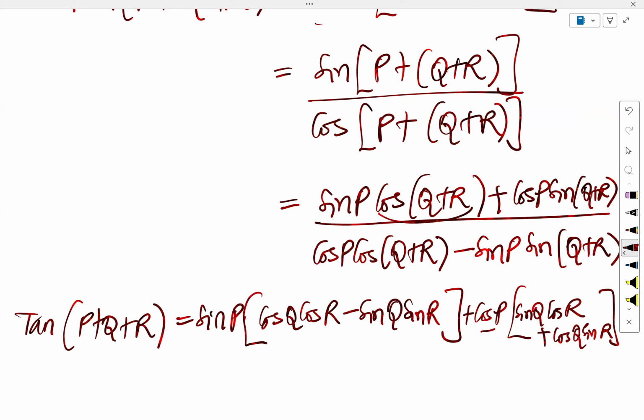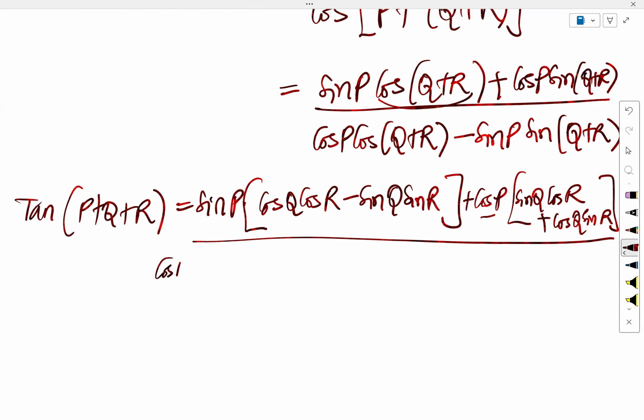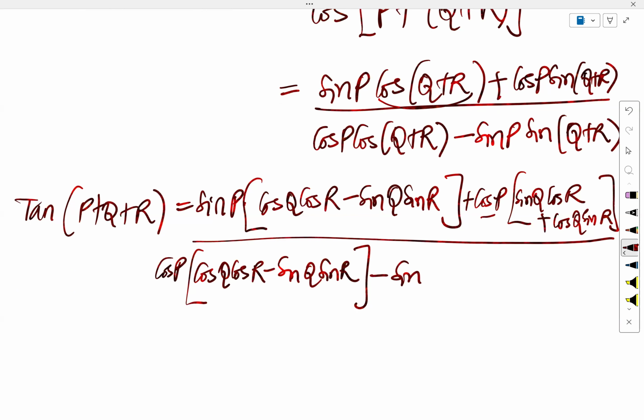For the denominator now, we can have cos P down here into cos(Q+R), which again is cos Q cos R minus sine Q sine R. So that goes for this. And then down here you have minus sine P into sine(Q+R).